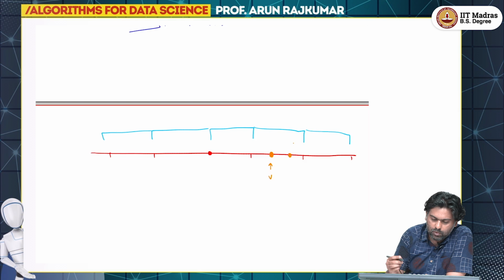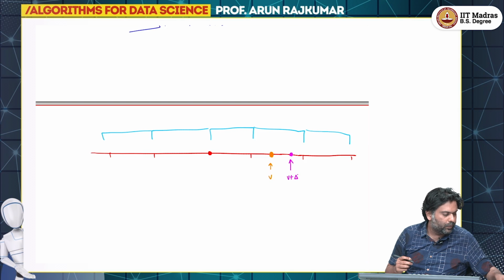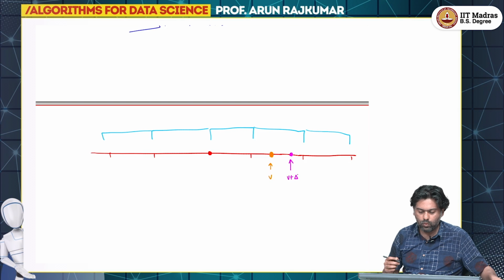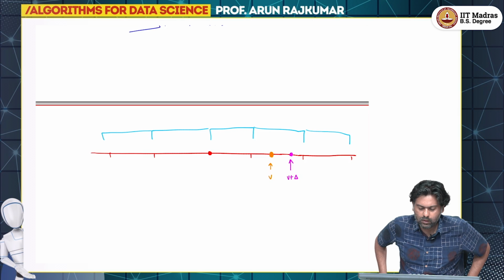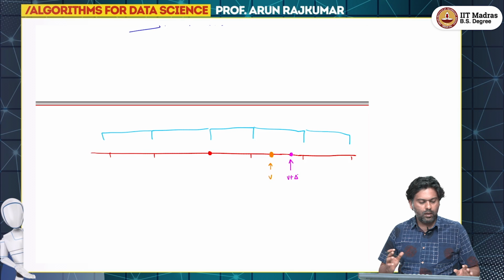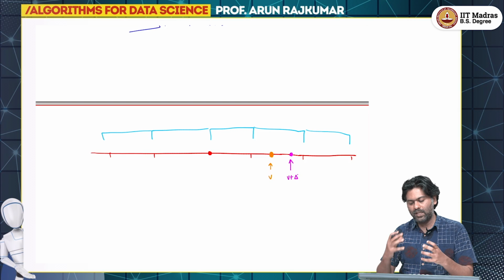Let me use a different color for that. So this is V plus delta, and now I want to know what happens. Basically what I want to ask is, now I am adding B to this guy, right.